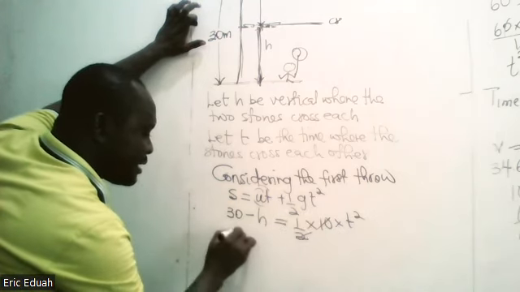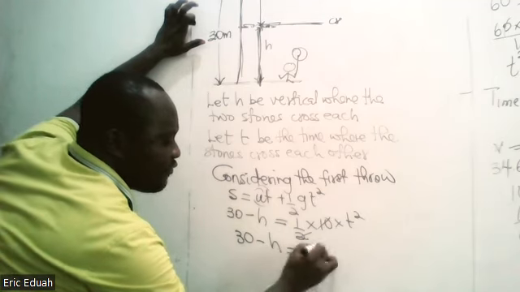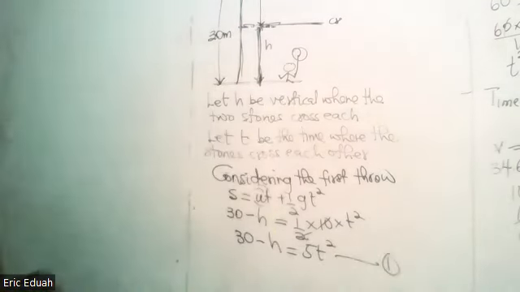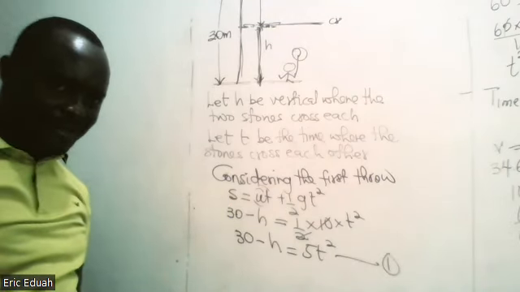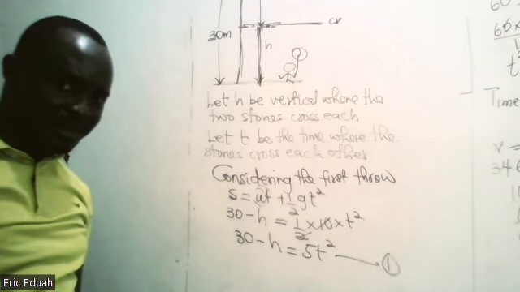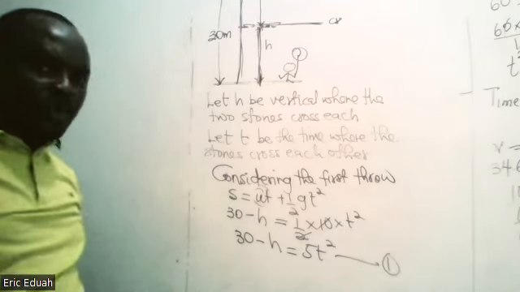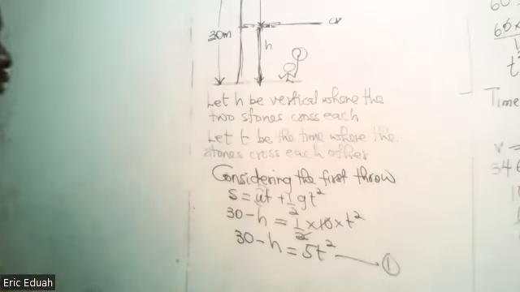Therefore, we'll have 30 minus 8 is equal to 5t squared as equation 1. Are we okay? Are we fine? Yes. Okay. Let me quickly go over.